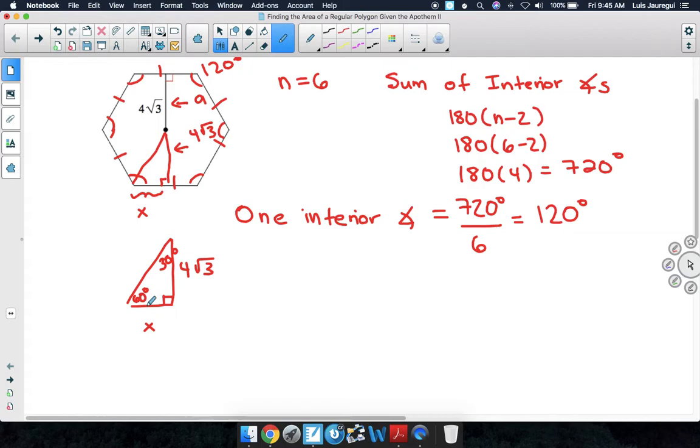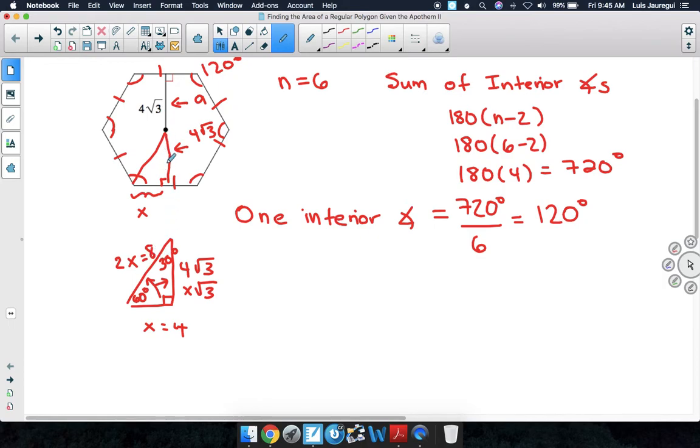Since the side across from the 30-degree angle is x, we know that the long leg, or the side across from your 60-degree angle, is equal to x square root of 3. And we know that the hypotenuse, or the side across from your 90-degree angle, is always 2x, since we're dealing with the special right triangles. Okay, look at this. By matching, we know that x is equal to 4. And then we can say the hypotenuse here, or the radius, is equal to 2 times x, or 2 times 4, which is 8.